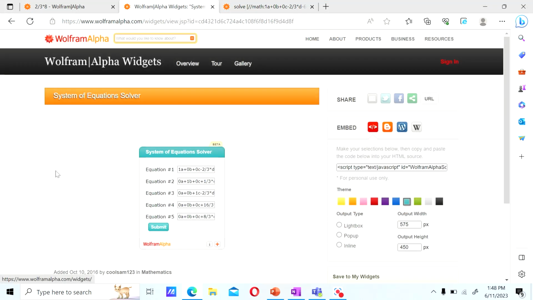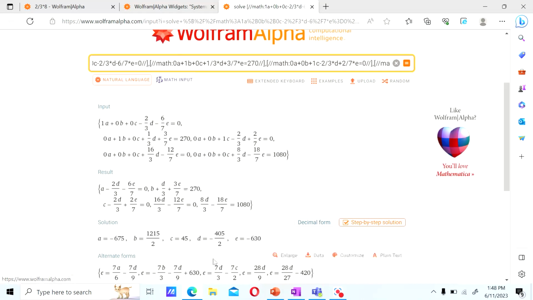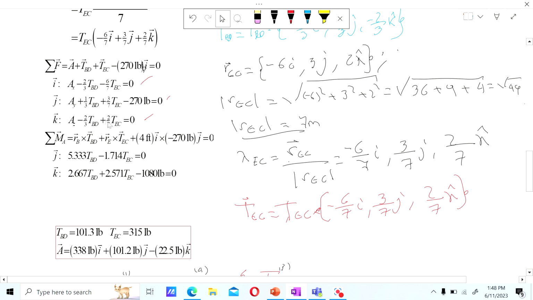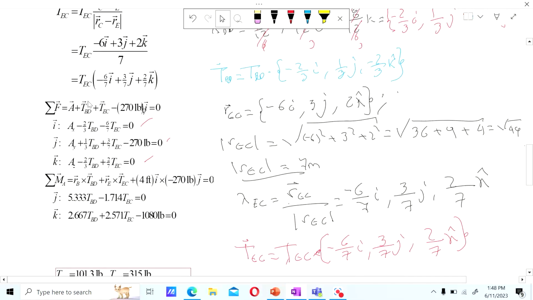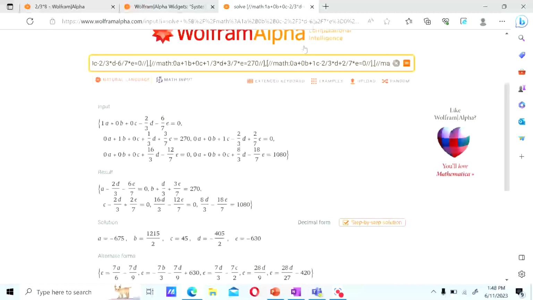Negative 2/3. Sorry, it's right here. Equation number 3 is negative 2/3 and positive 2/7.